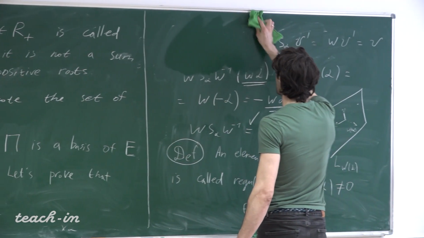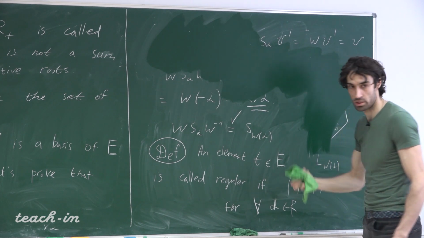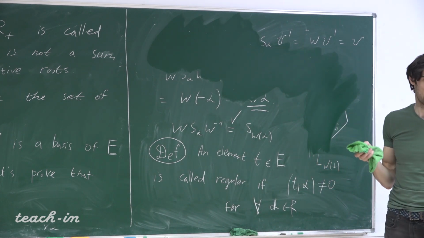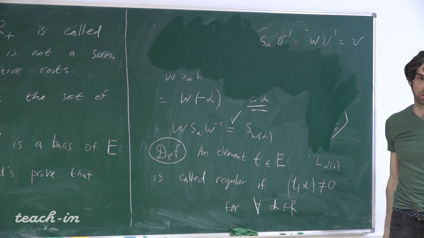You just take some root and try to decompose it as a linear combination of elements from pi.